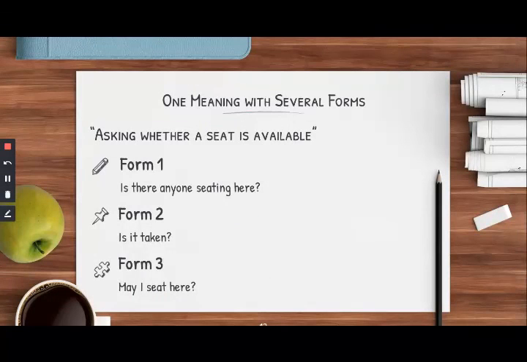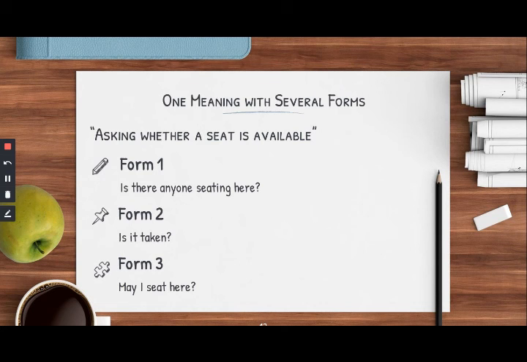Okay, here is another focus of today's lesson. One meaning with several forms. Di sini kita akan mencoba melihat bagaimana satu makna bisa diterjemahkan dengan beberapa forms atau structures. Okay, our meaning in action is asking whether a seat is available. Kita akan menanyakan apakah ada kursi yang kosong di sini.